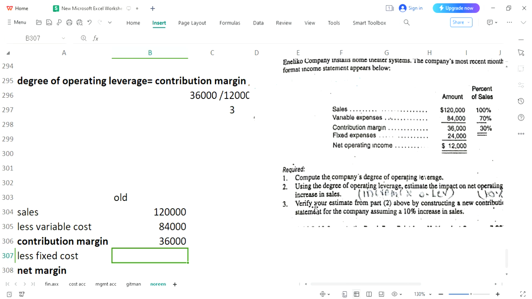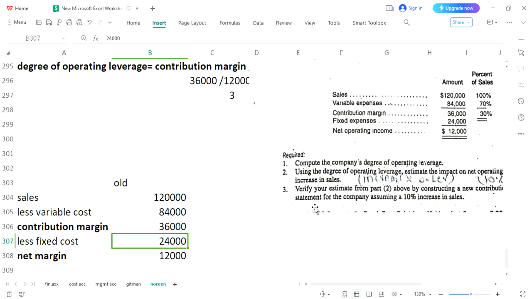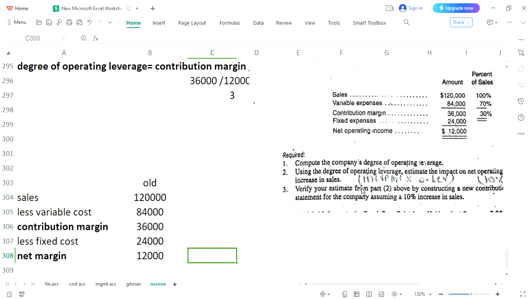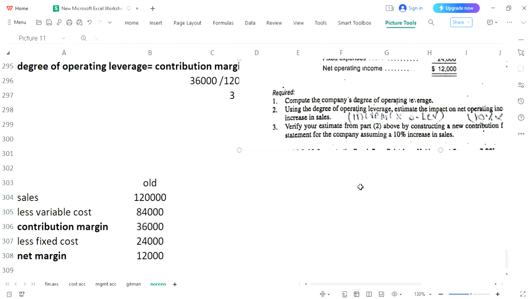Fixed cost was 24,000 and net margin was 12,000. This was old. And now what our claim is, we have calculated degree of operating leverage. And with the help of that operating leverage, we made a claim. And what is that claim? You have written over here.